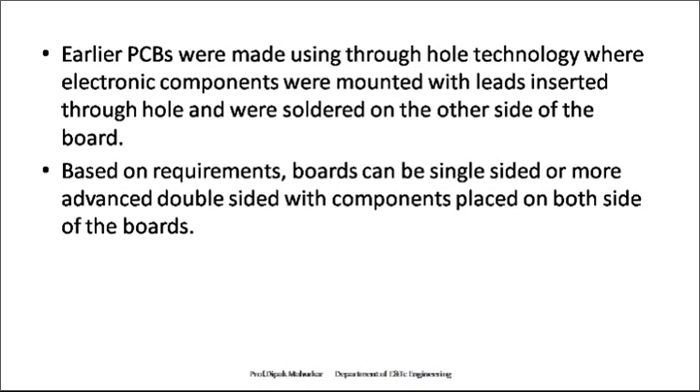Using a few software tools, we can create a layout itself, take the printout, and then print the mirror image onto the PCB, or draw that mirror image using different techniques, for example with a permanent marker.